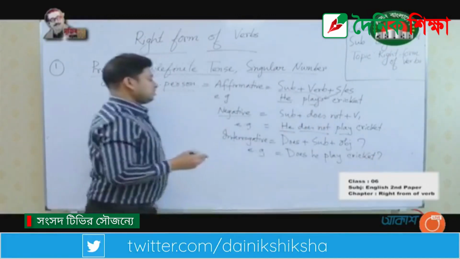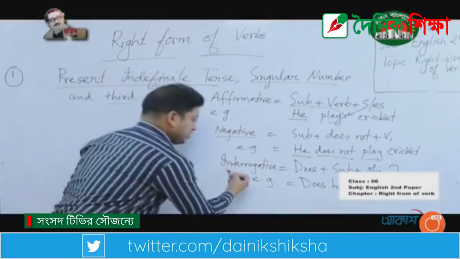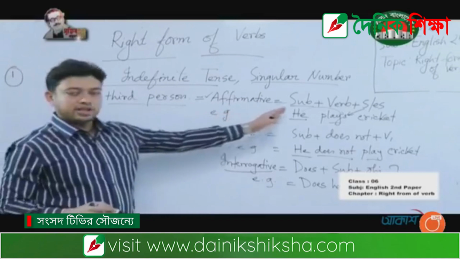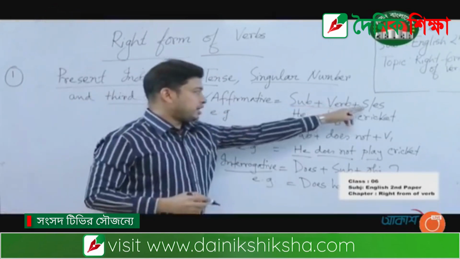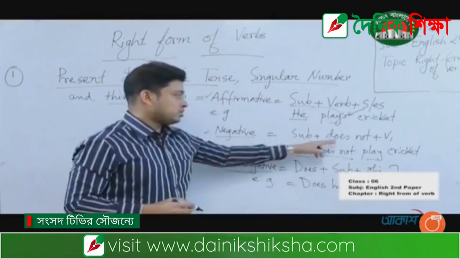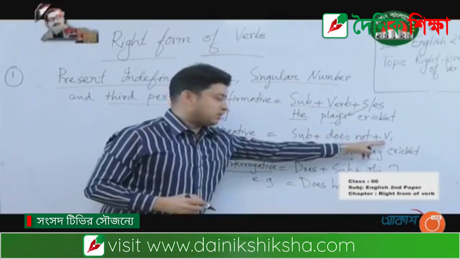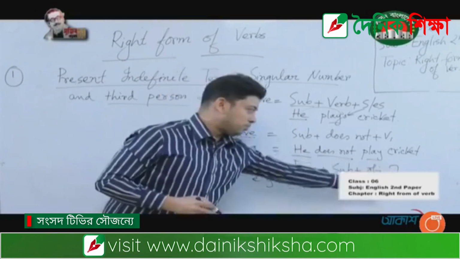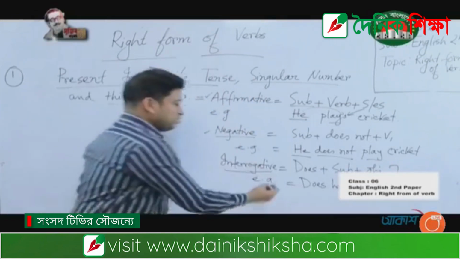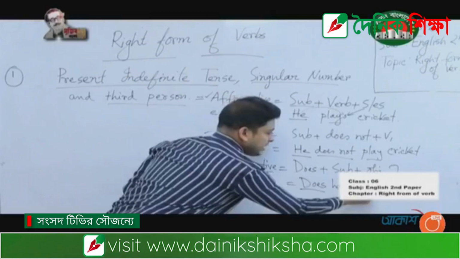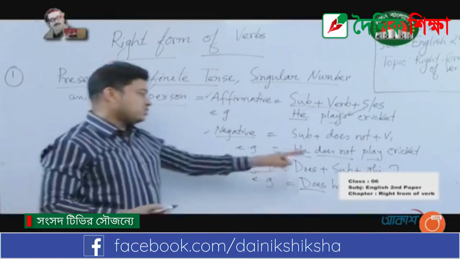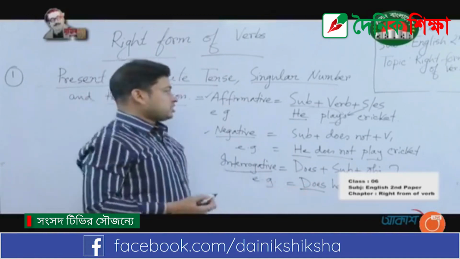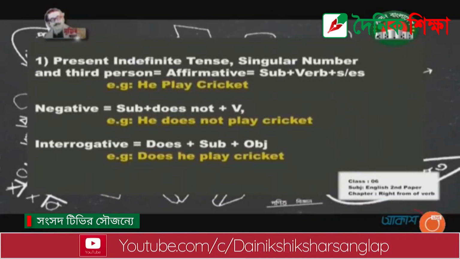Question mark. So this is an interrogative sentence, this is a negative sentence, and this is an affirmative sentence. The changes are something like this. Subject, verb, s or es. Subject does not plus the base form of the verb. Does plus subject plus object. Then of course there will be a question mark. Remember, when I am using does, that means there will not be any s or es with the verb. As there was s or es, that's why I have used does. So this is how rule number 1 is finished here.